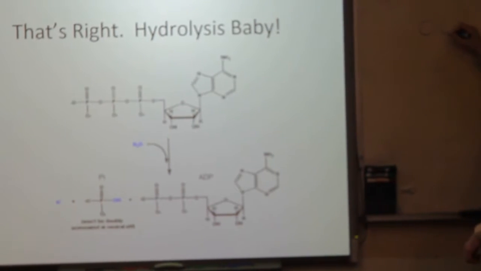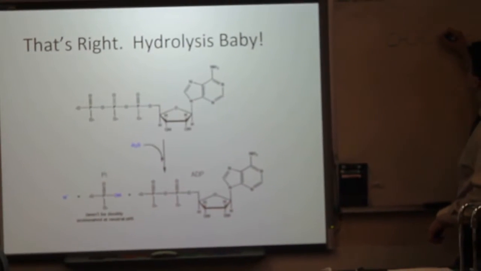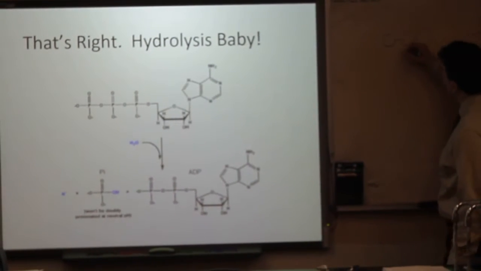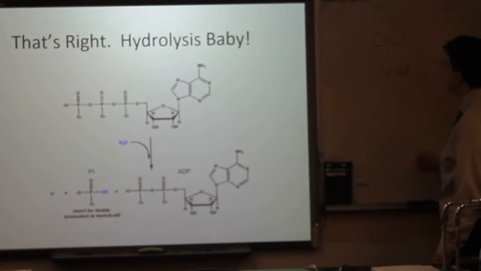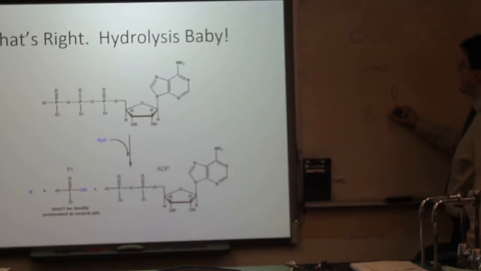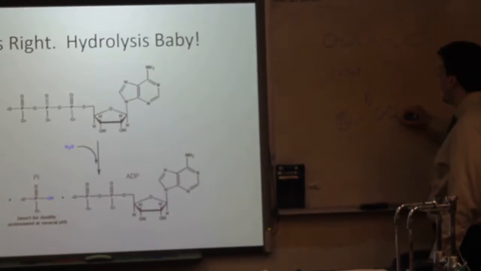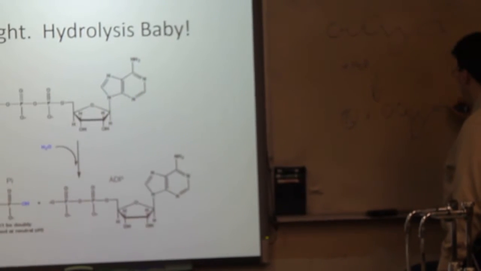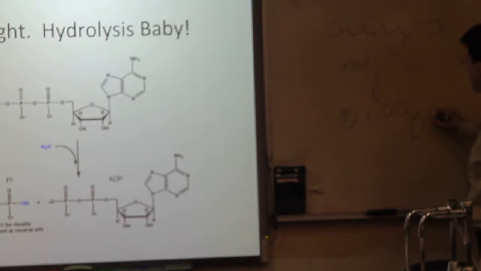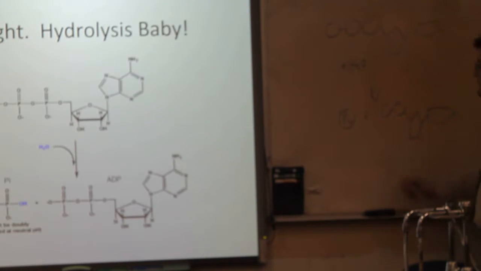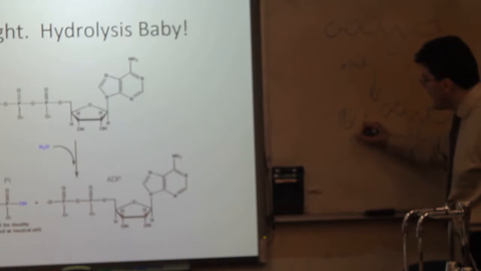So, we start with ATP. We add water. We yield inorganic phosphate and ADP, as well as an additional hydrogen ion.